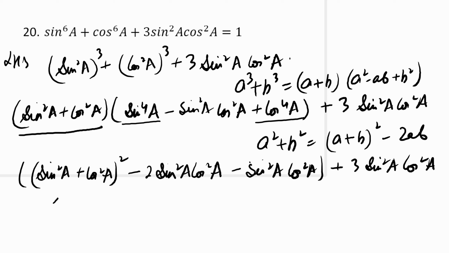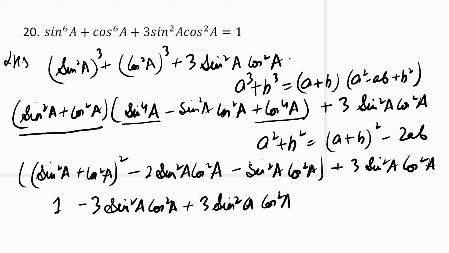So it will become 1 minus 3 sin square a cos square a plus 3 sin square a cos square a. This and this will cancel out. We will be left with 1, which is the right hand side. So we have done this one also.